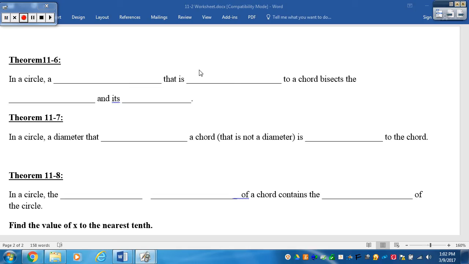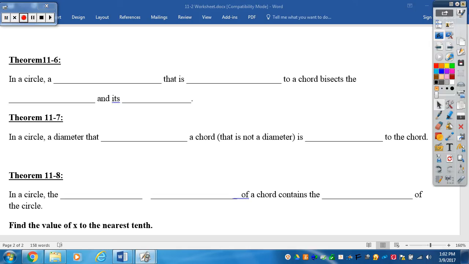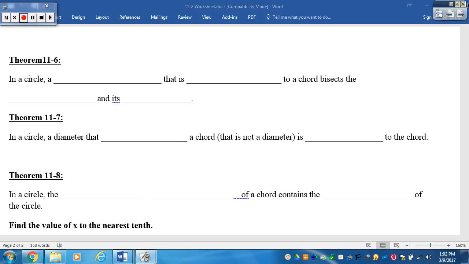So as we look at this, a diameter, I'm going to go ahead and draw a circle here on my paper. Maybe I'll do it off to the side over here. Draw a circle, and I'll try to pinpoint a center spot, and I'll put in a diameter, okay?